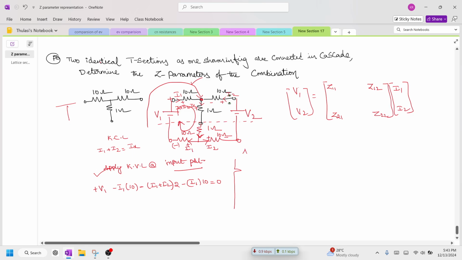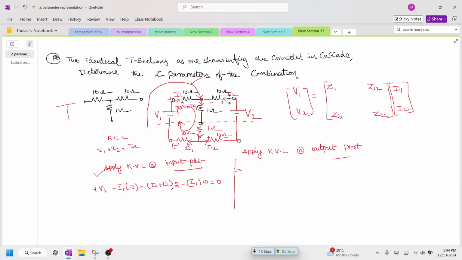And now we are going to apply Kirchhoff's voltage law at the output port. Let's try to see here. At the output port, the current is flowing in this closed path like this. So this is positive V1, this is negative V1. Whenever the current is leaving, what is the polarity of the voltage? Which is nothing but plus V2. And current is entering at positive, leaving at negative. At the leaving terminal, we are having minus, the current is nothing but how much?